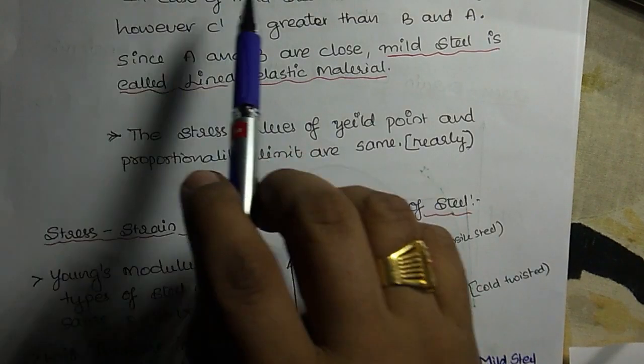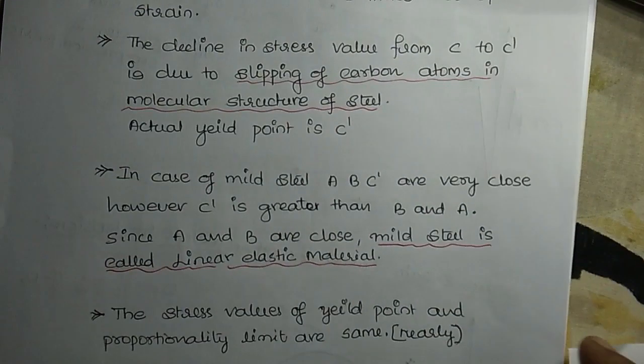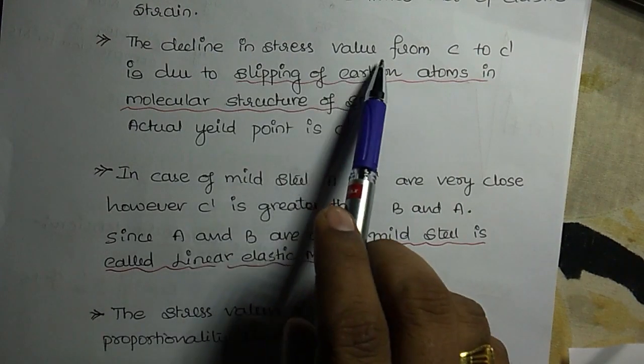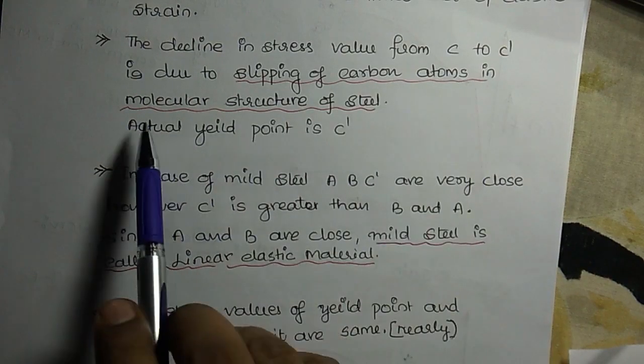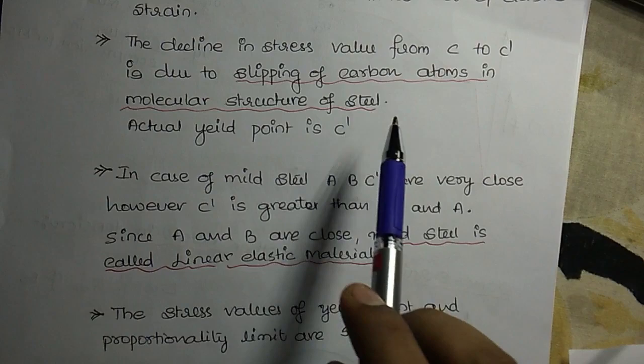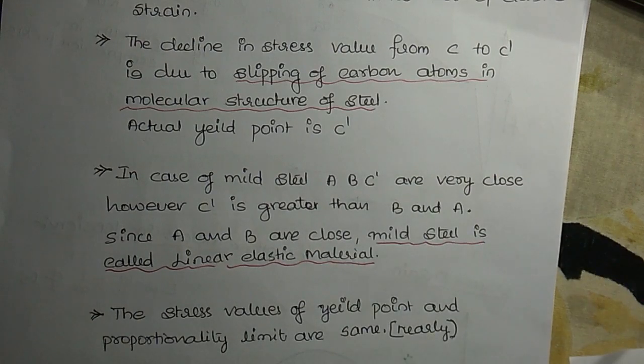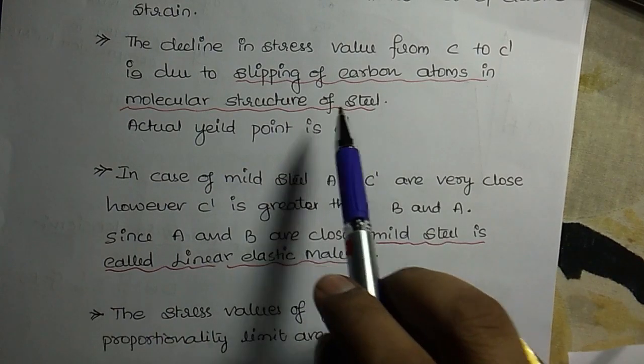The decline in the stress value from C to C dash is due to slipping of carbon atoms in the molecular structure of steel. This was once asked in competitive exams, hence that point has been noted.